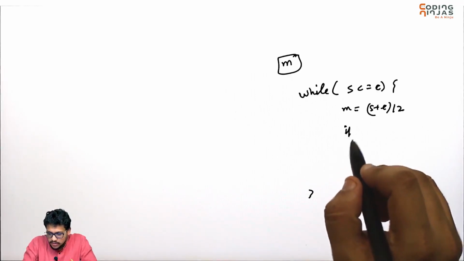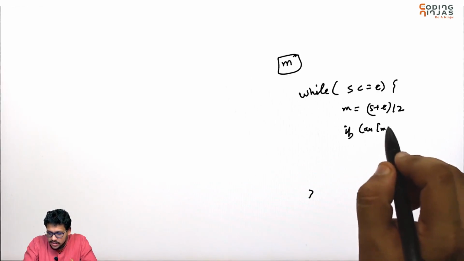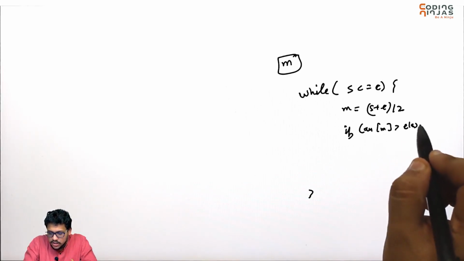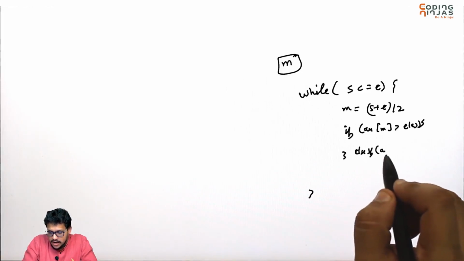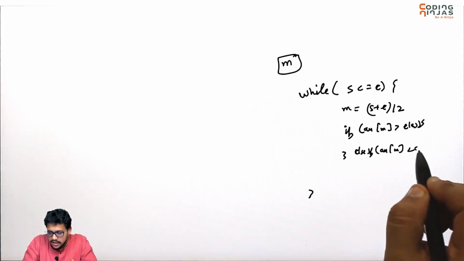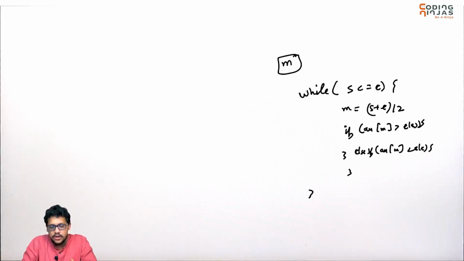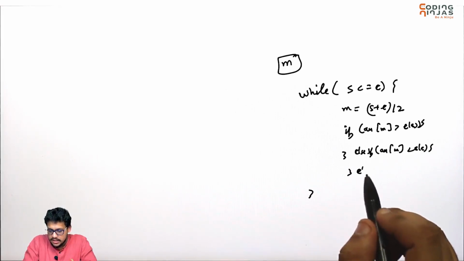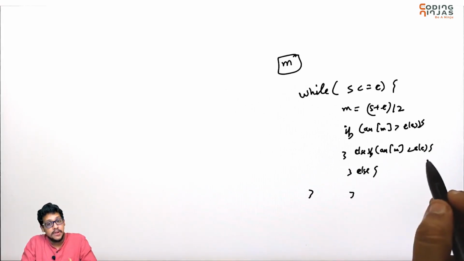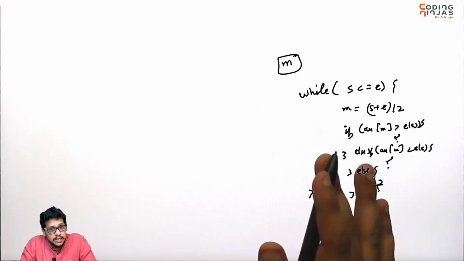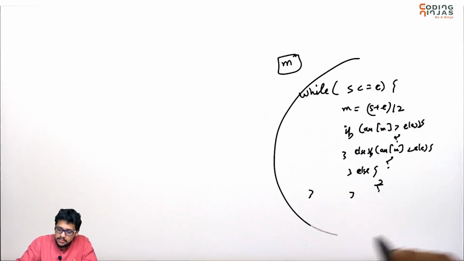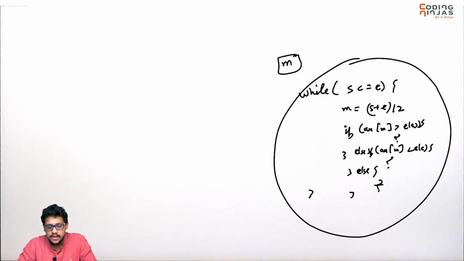If array at mid is greater than the element you want to search, you will do something. Else if array at mid is lesser than the element you want to search, you will do something. Else array at mid will be equal to the element, and you will do something. I have already explained what you need to do, and what the initial start and end will be.